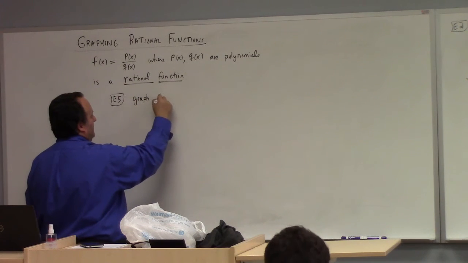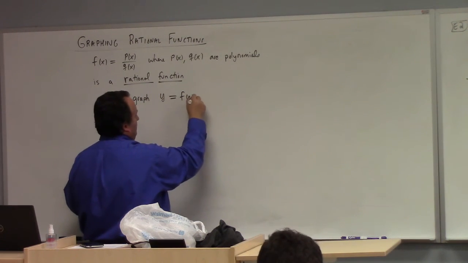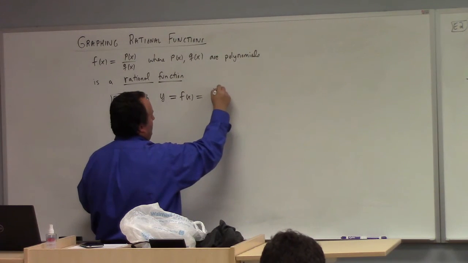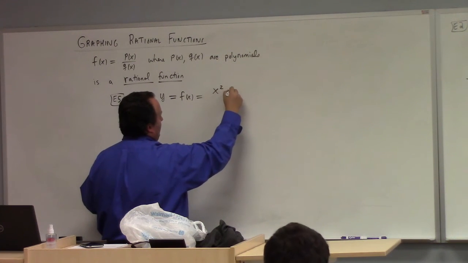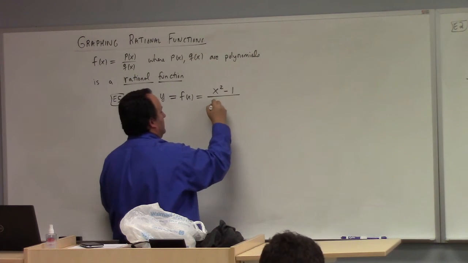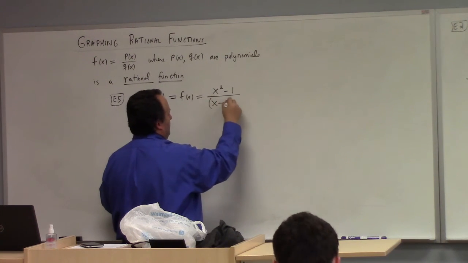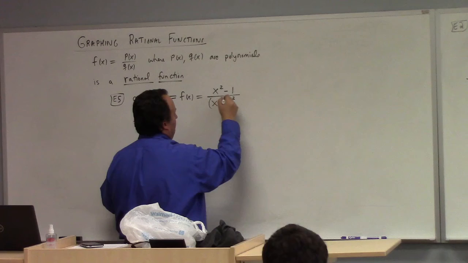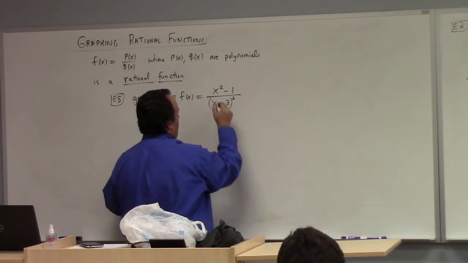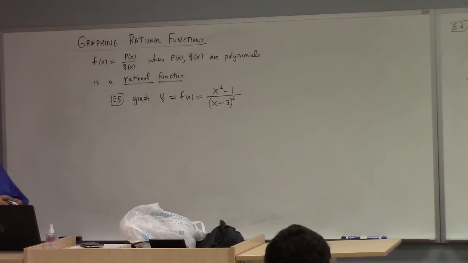Graph y equals, let's call it f of x, x squared minus 1 over x minus 3 squared. We're going to graph this.